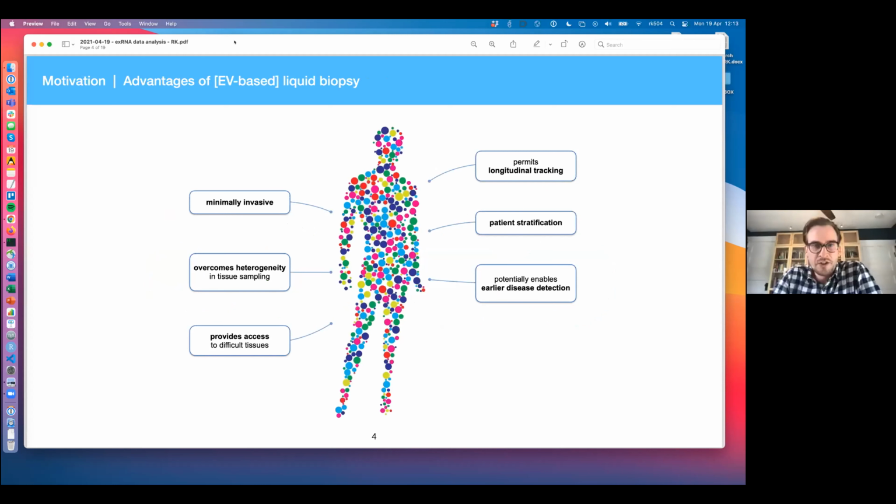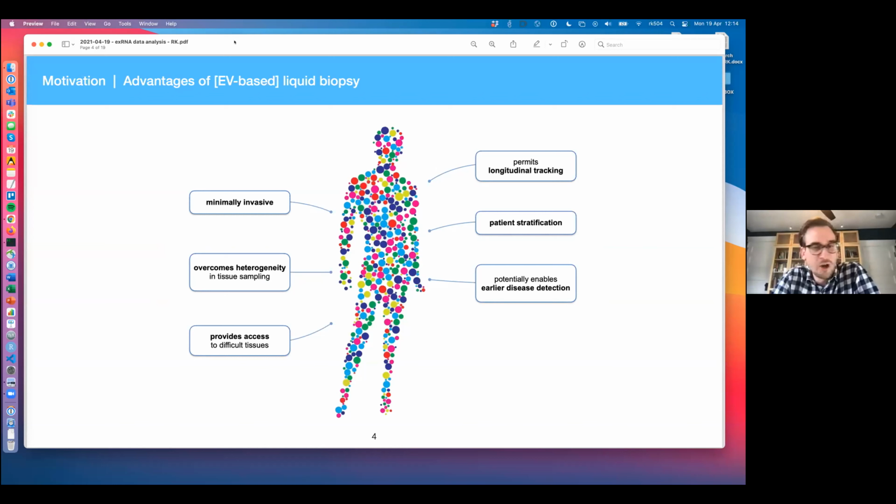So the advantages of this are, as I mentioned, that liquid biopsies are minimally invasive. They overcome a decent amount of heterogeneity potentially in tissue sampling. Depending on where you sample from a tumor or a tissue, you may find variability spatially within those cells. You can access potentially very difficult to otherwise access tissues via a liquid biopsy.